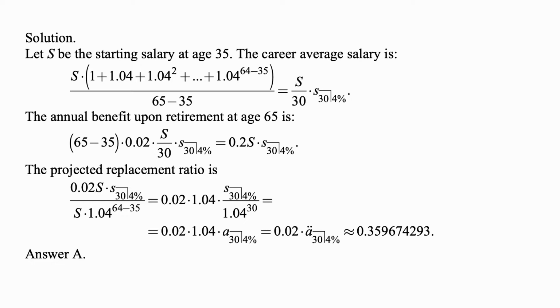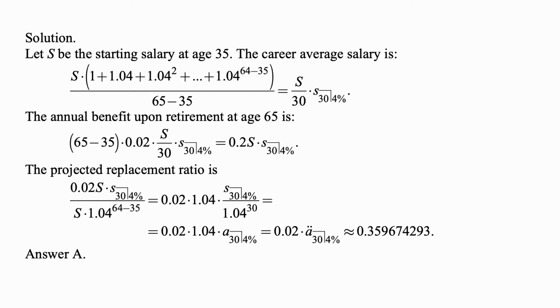And because you don't multiply the salary by any factor in the first year, in the last year that factor is 1.04 to the 29th. It's divided by 65 minus 35, which is 30 years that she will have worked. And that's equal to S over 30 times s angle 30 at 4%.